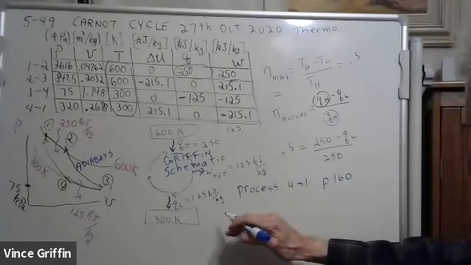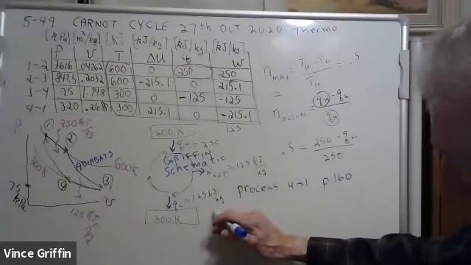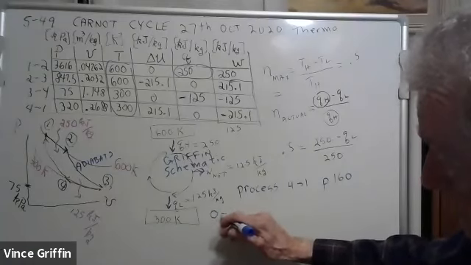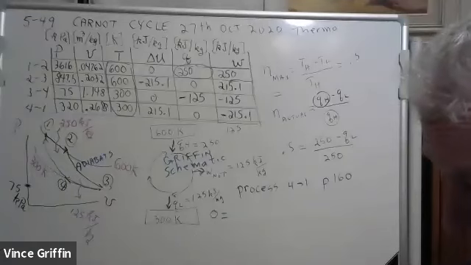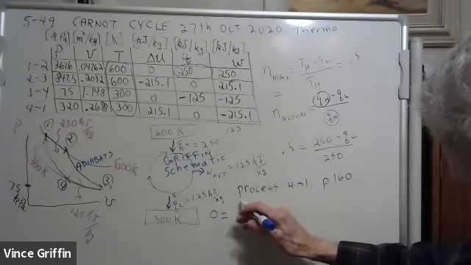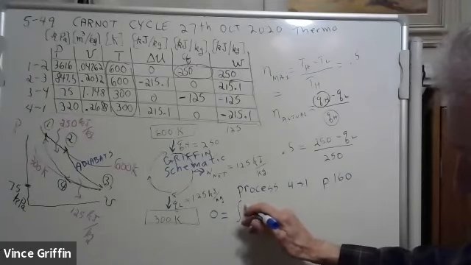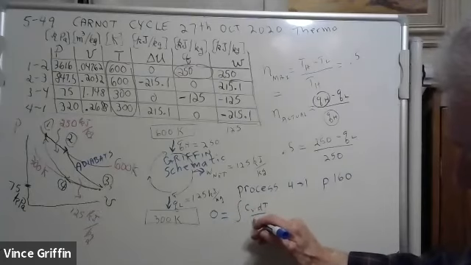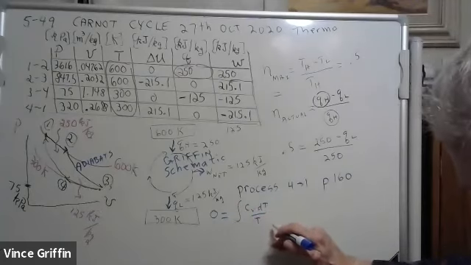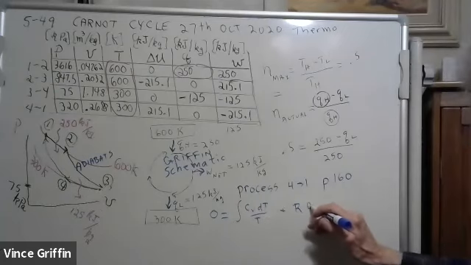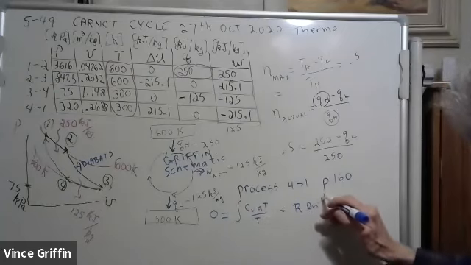I'll explain it much better very soon, but this equation only works on that adiabat. This 0 has to do with no heat transfer, and it's equal to C sub V dT over T plus R natural log of V.